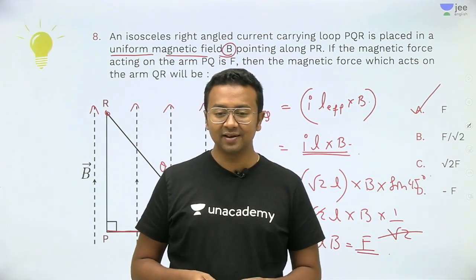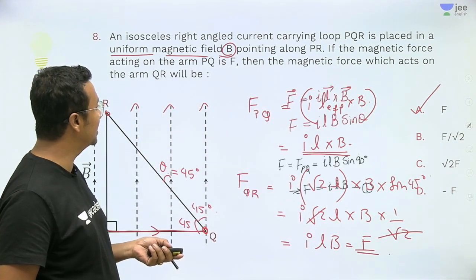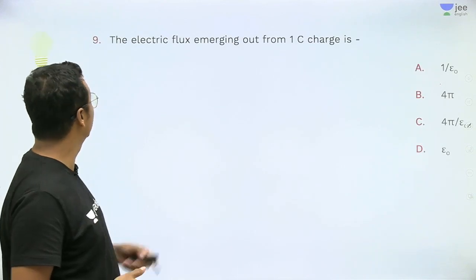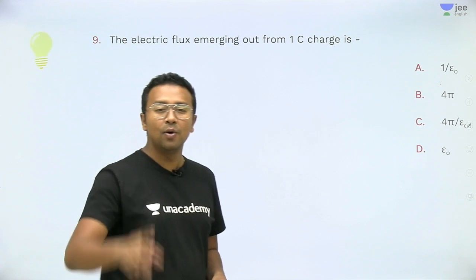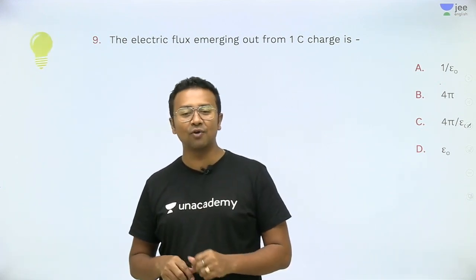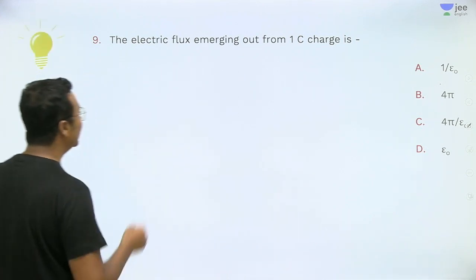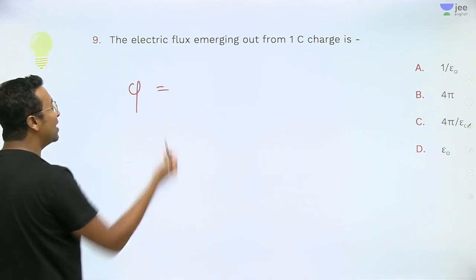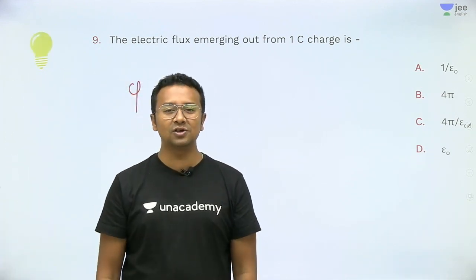What do we have here in the next question? By the way, the electric flux emerging out from 1 coulomb charge. How do we find it out? We know flux. Flux is equal to what? Gauss law, the first and foremost thing that we learn in the Gauss law.